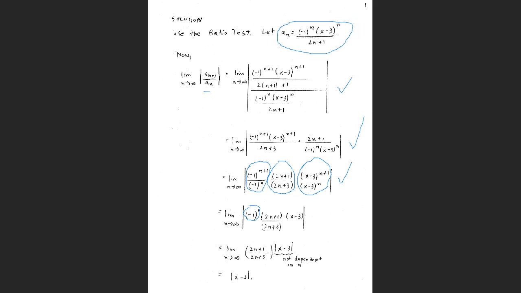And we get the limit as n goes to infinity of the quantity 2n plus 1 over 2n plus 3 times the absolute value of x minus 3. So it's important to remember we're always using this property that the absolute value of a times b equals the absolute value of a times the absolute value of b. We're always using that property to get to our last part here.